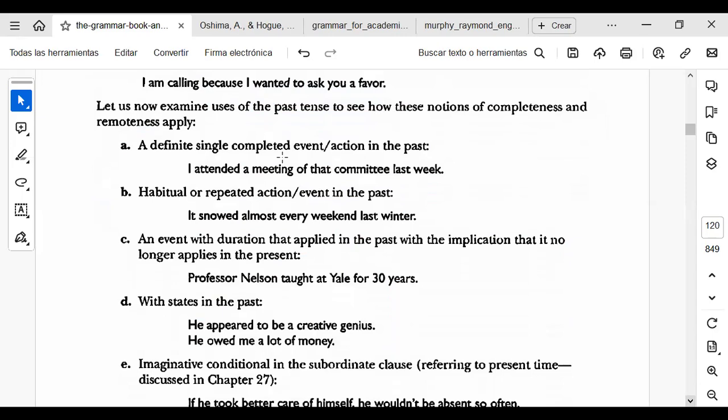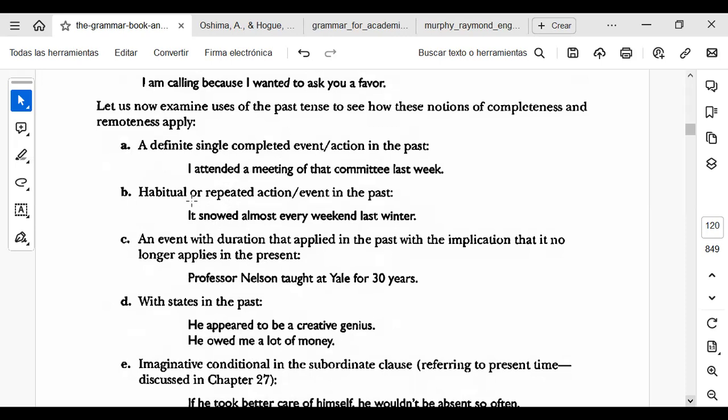So we have, I attended a meeting of that committee last week. So it's clear now because the action was in the past and it finished. Please, read the whole list.